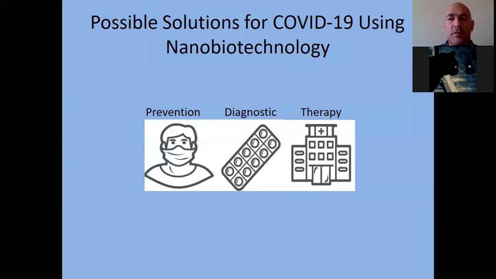Of course, there are probably a lot of things missing here, maybe some ideas that could be used for prevention, diagnostic, or therapy of coronavirus. But here we really focus on what has been tested with this virus or with a virus that is very similar to this virus.